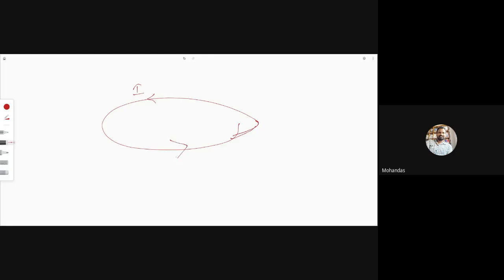For this type of conductor, how do the magnetic flux lines exist? How are the magnetic flux lines for a circular conductor? We discussed it yesterday. You should respond. If you take a circular conductor which carries a current I, what is the direction of the magnetic flux lines?